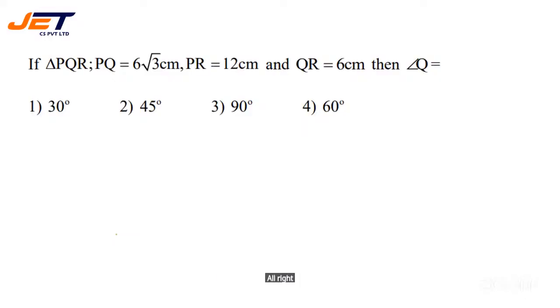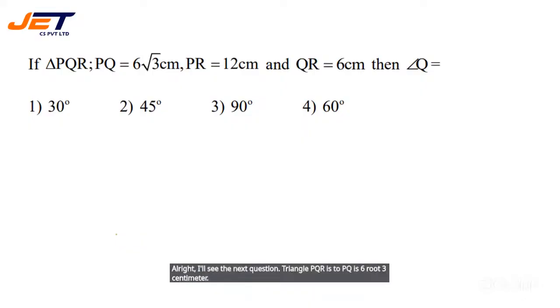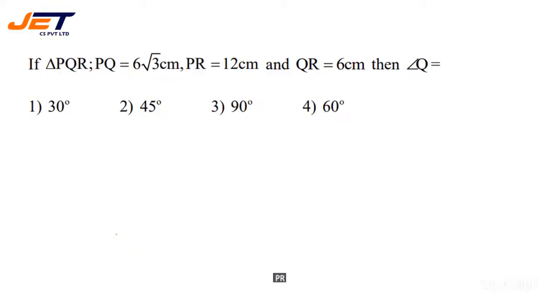All right, now see the next question. A triangle PQR, PQ is 6 root 3 centimeter, PR is 12 centimeter, QR is 6 centimeter.